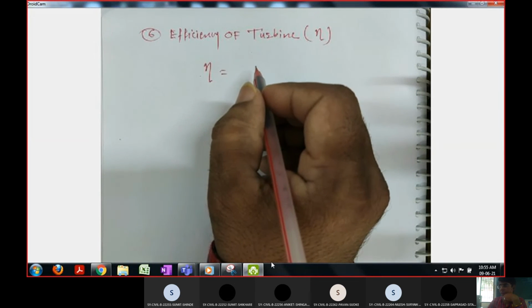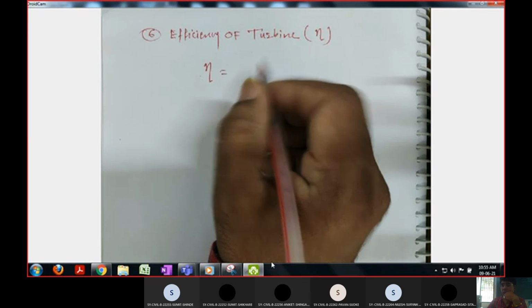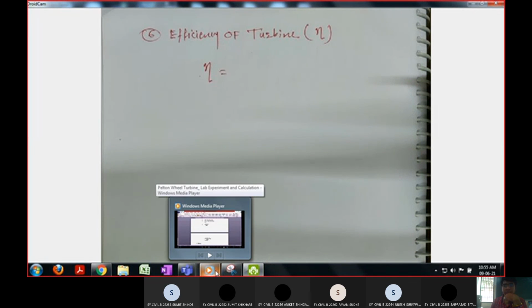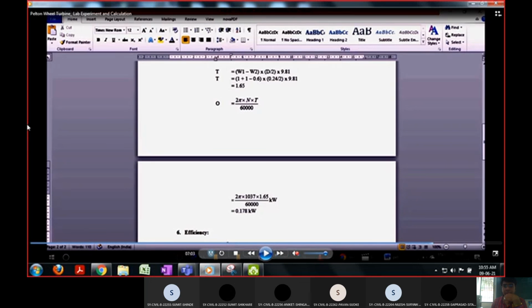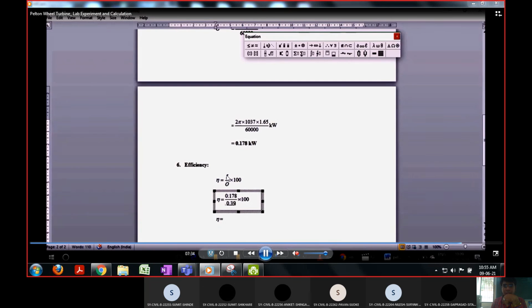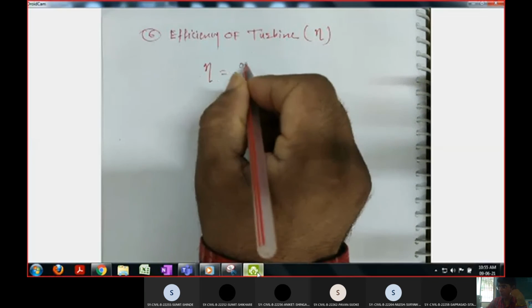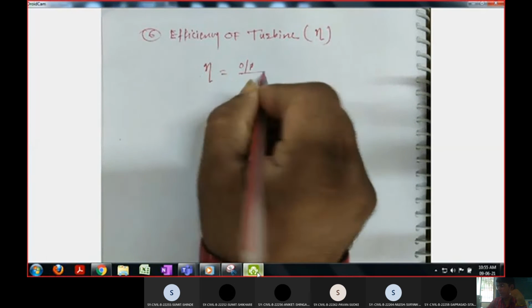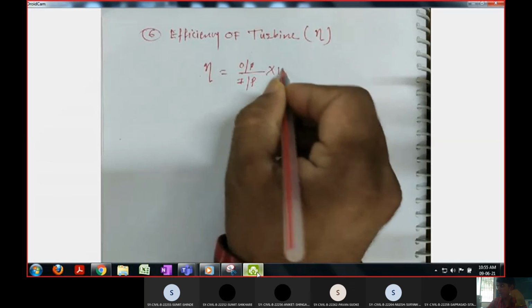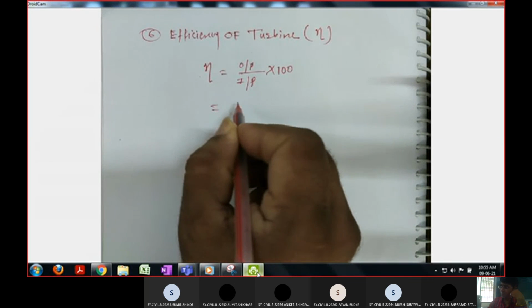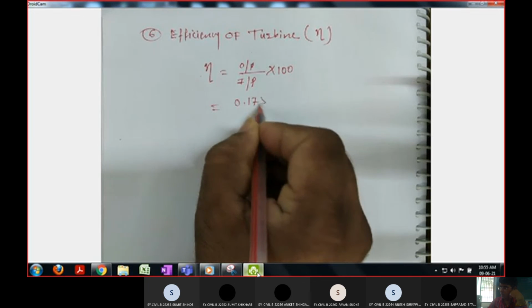So how will you calculate efficiency? Efficiency equals output power divided by input power into 100. The output power is now 0.178.